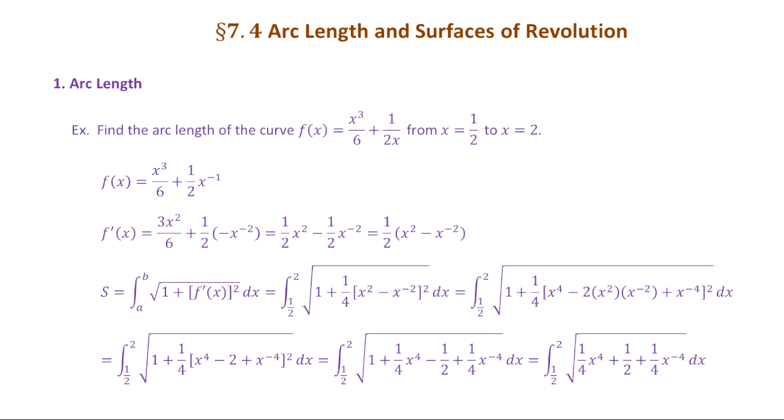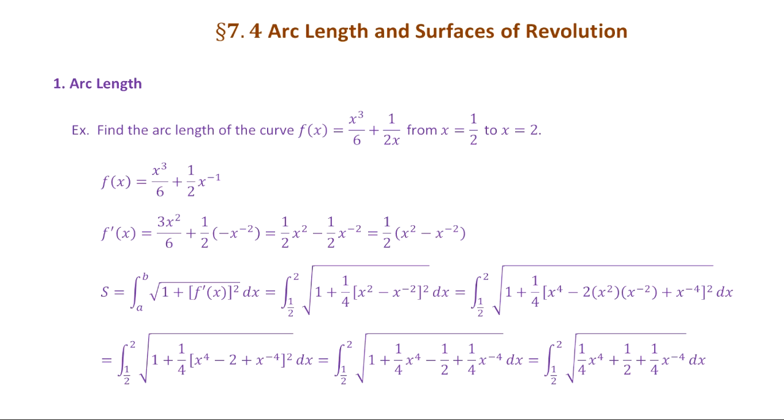And then you can plug in this result of f prime into the formula of the arclength. So S equals the integral from a to b of the square root of 1 plus f prime squared. f prime is just 1/2 times x squared minus x to the negative 2, as we did.